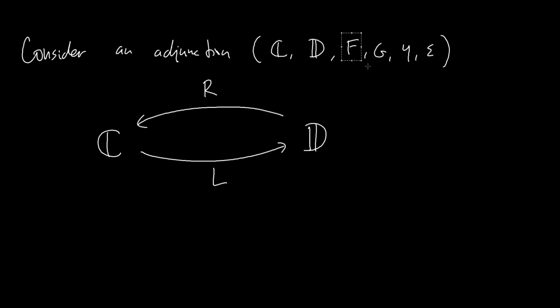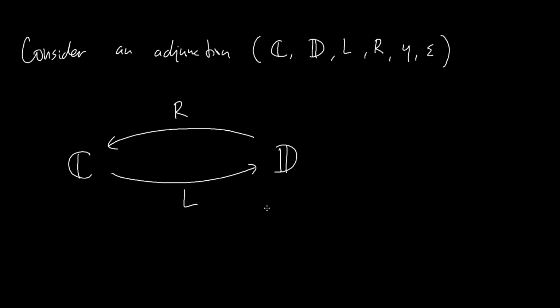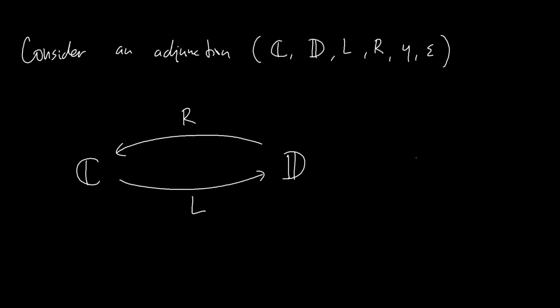L is the one that usually goes on the left, and R is the one that goes on the right. So if I have a graph G and a diagram over that graph, let's call my diagram D as before, then I can compose D and R to get a diagram in C.